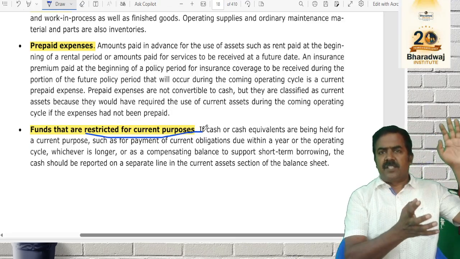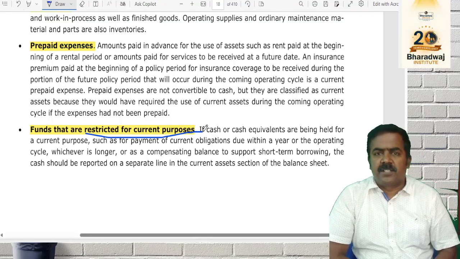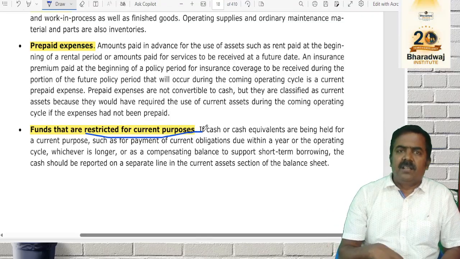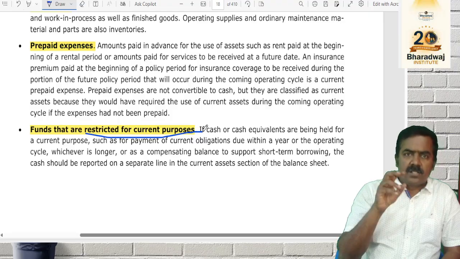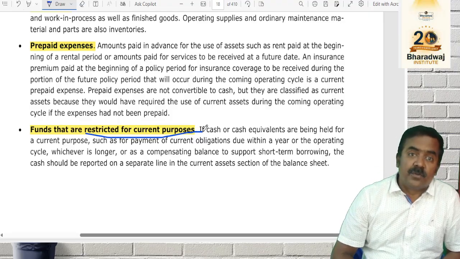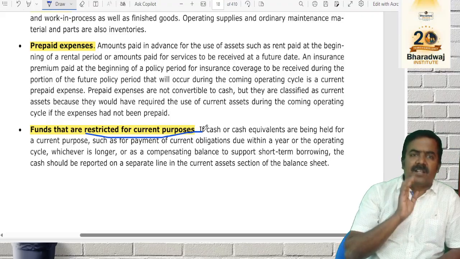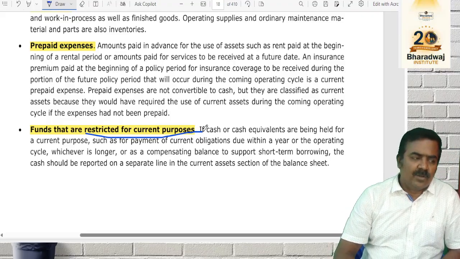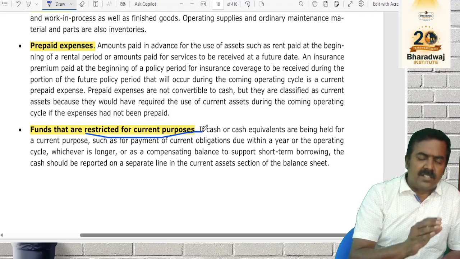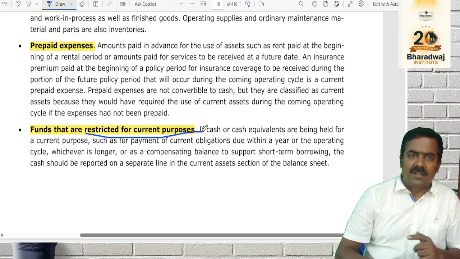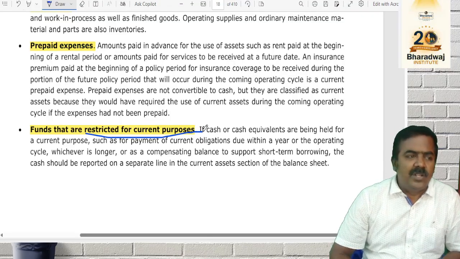Sir, I'm keeping a fixed deposit of 10 million. In the 10 million, 2 million is reserved for working capital. Now that 2 million will be called as what? Current asset. Any fund that is restricted to be used for operating purpose within 1 year, we call it as which one?